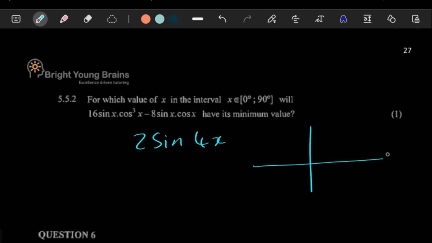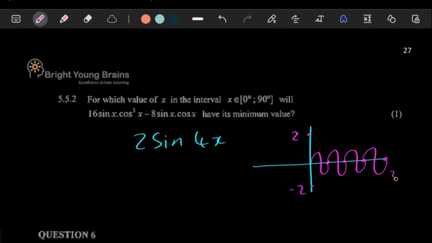Well, one way or the other, you need to know how this will look visually. This has an amplitude of 2 and it's not been moved up or down, so it's going to go from 2 to -2. The frequency is 4, meaning in a space of 360 you have 4 graphs. After 90 degrees you have one graph, then another, then another, then another.